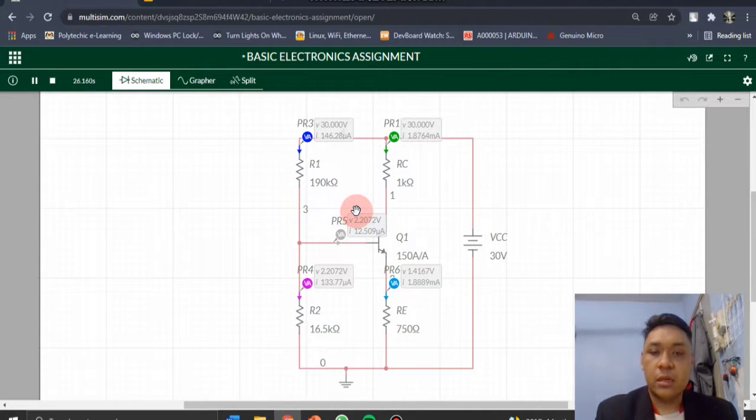So from that formula I got 190 kilo ohms, the value for the R1 resistor.